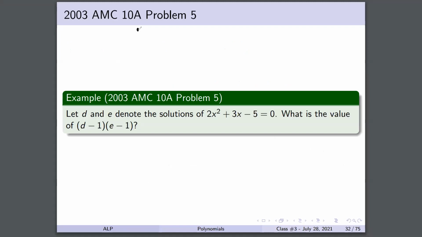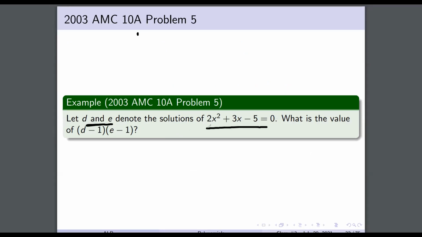So now we have a pretty easy AMC 10 problem here. Let d and e denote the solutions of 2x cubed minus 5x. What is the value of (d minus 1)(e minus 1)? So let's try not to find the actual values of d and e, and try to solve smartly.